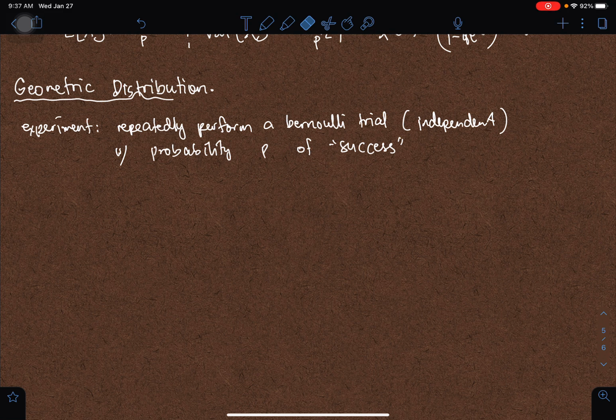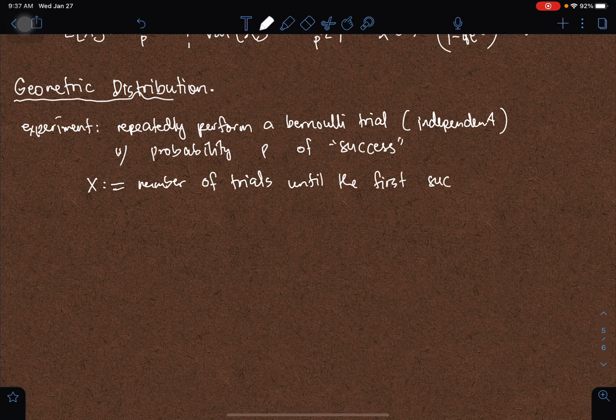And then we define X as the number of trials until the first success.